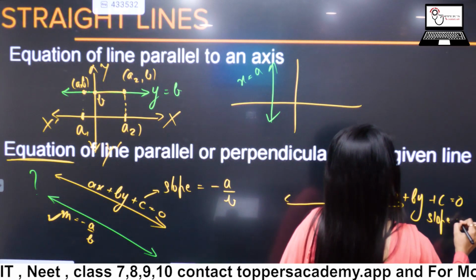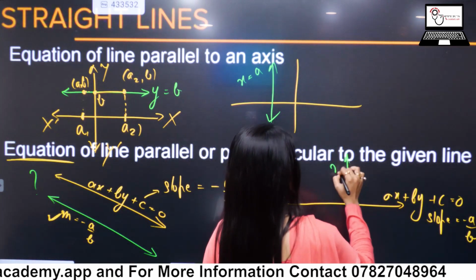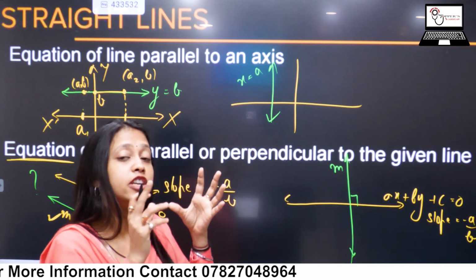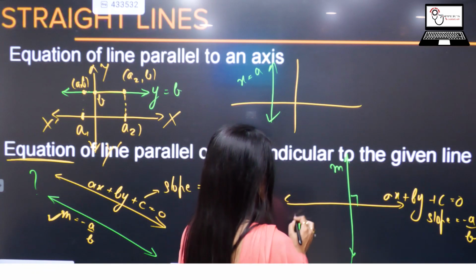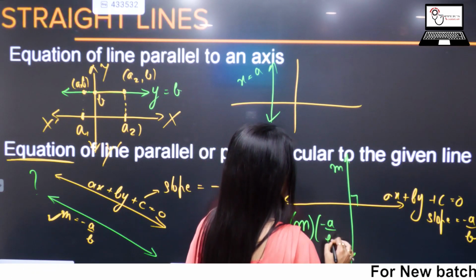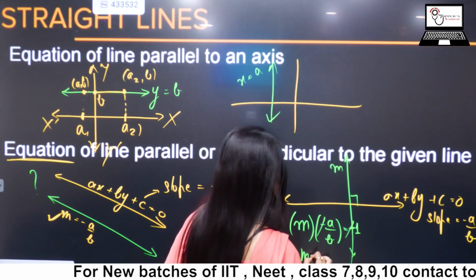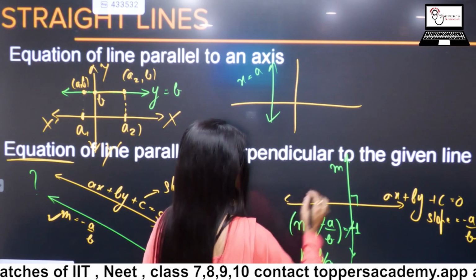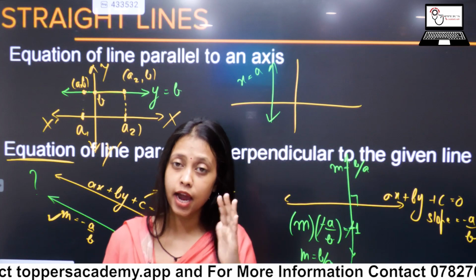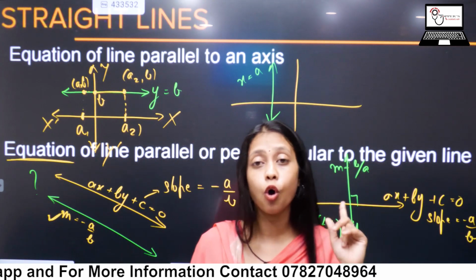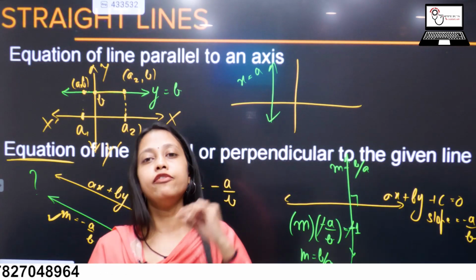The slope of this line is again minus a by b, but if the slope of the perpendicular line is m, then we have a relation between their slopes: m1 multiplied by m2 is equal to minus 1. One slope is minus a by b, the product is minus 1, so m is b by a. So if you have a given line and a line which is parallel or perpendicular, you can find the slope. Once we have the slope, we'll find the equation.